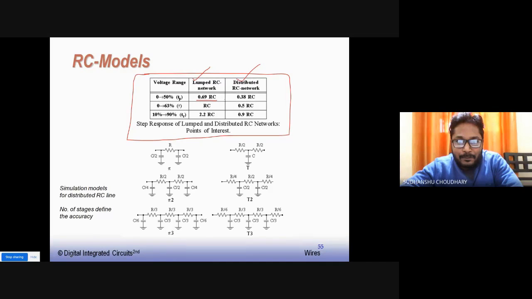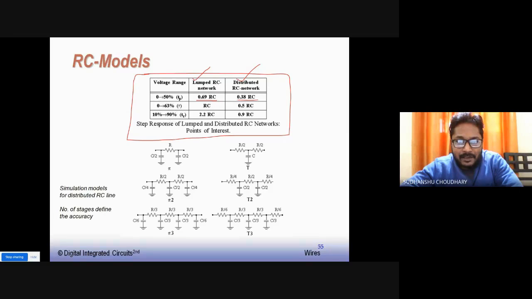And for a distributed RC network, 50% delay is equal to 0.38 RC. So this difference you have to remember. For a lumped RC network, it is 0.69 RC, and distributed RC network, it is 0.38 RC. So distributed RC network is more accurate than the lumped RC network result. Okay. So more the number of sections on the wire, more accurate is the result.